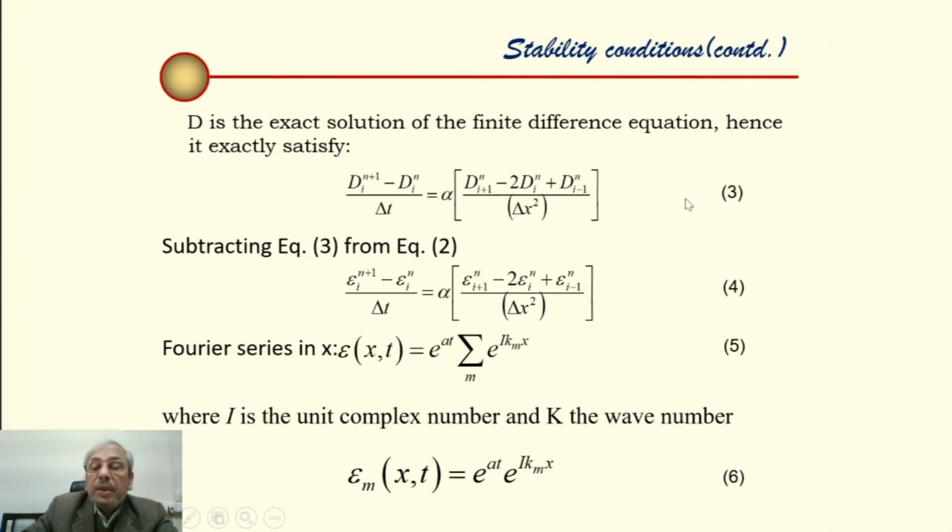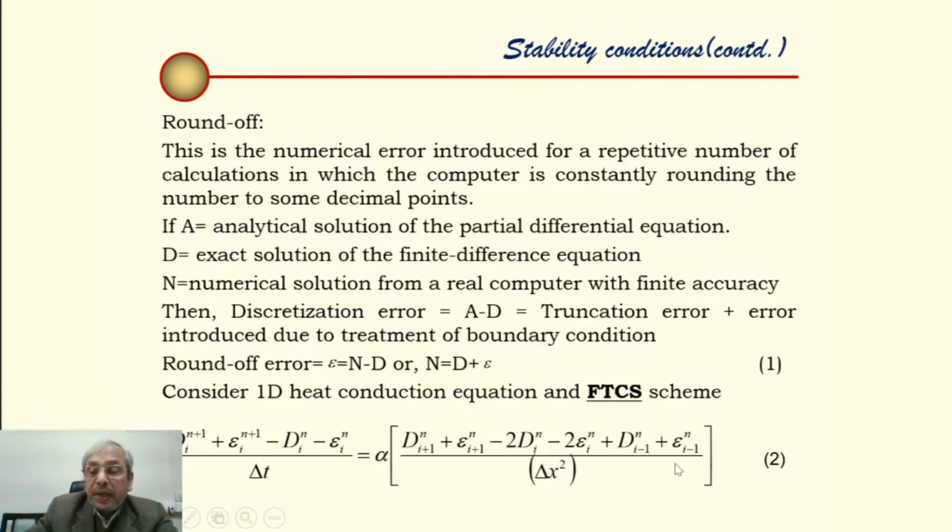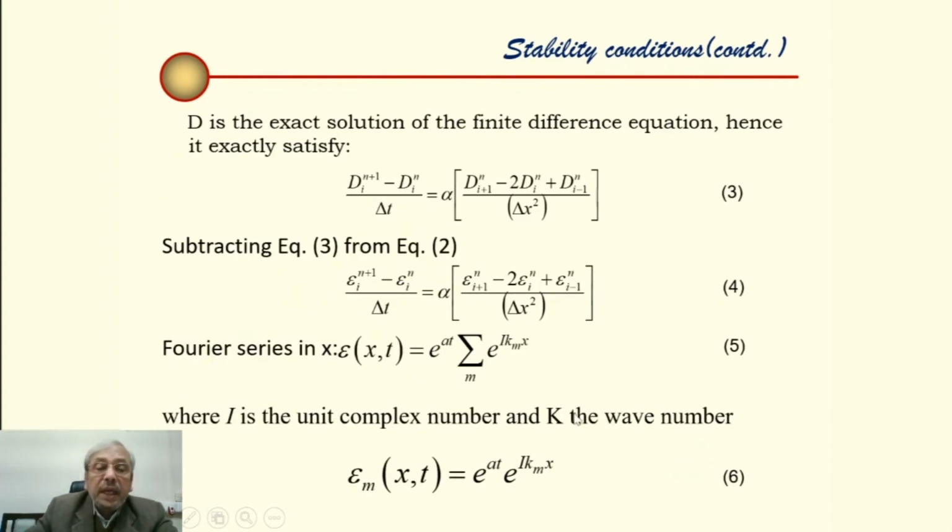So this is given a number 3, and if that is subtracted from 2, we get a governing equation in error. So we can say that errors with the dependent variable final solution that we get, and with every point, errors are interwoven this way.